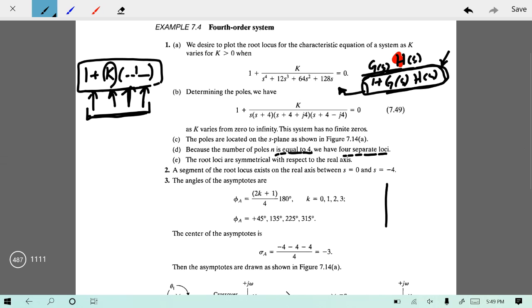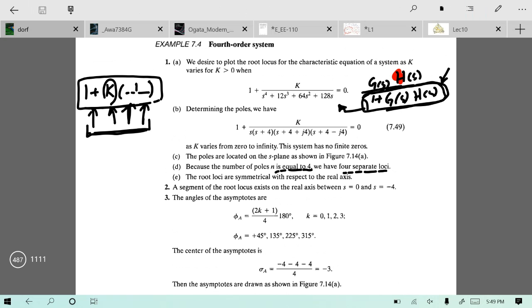Now next is the angle of asymptotes. What is the angle of asymptotes? Asymptotes are actually the paths which poles follow to reach infinity.